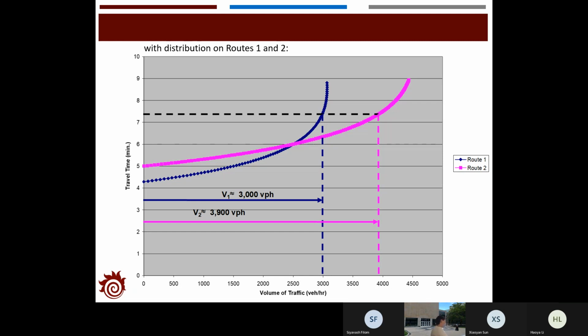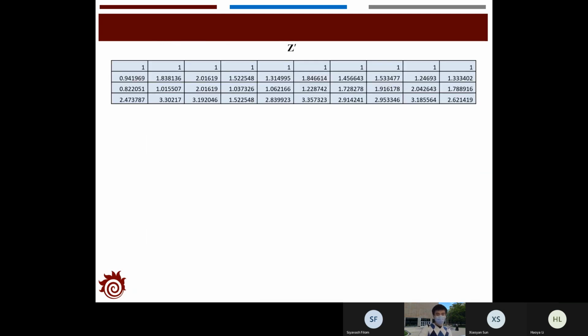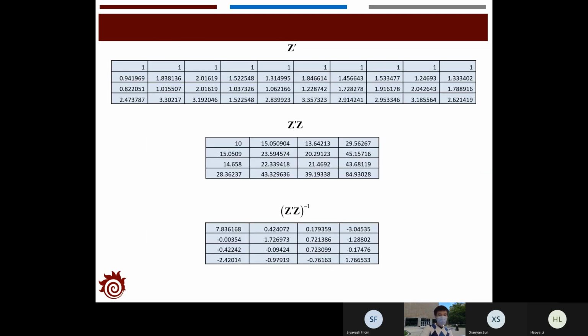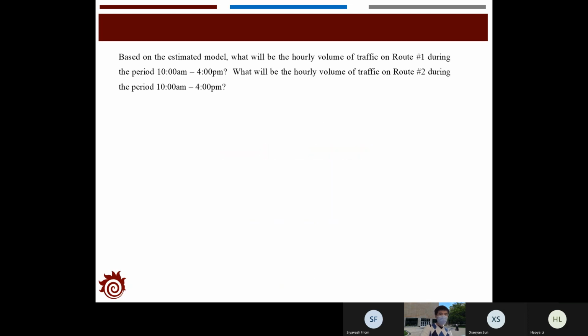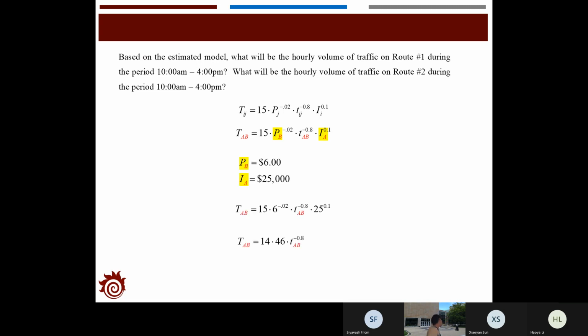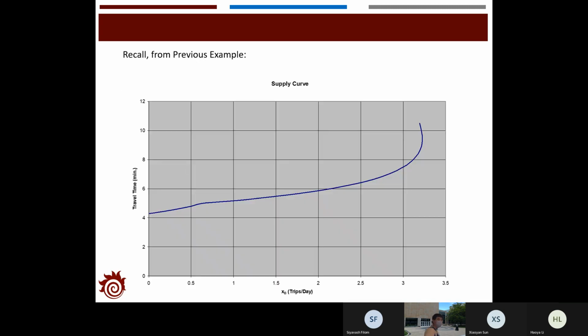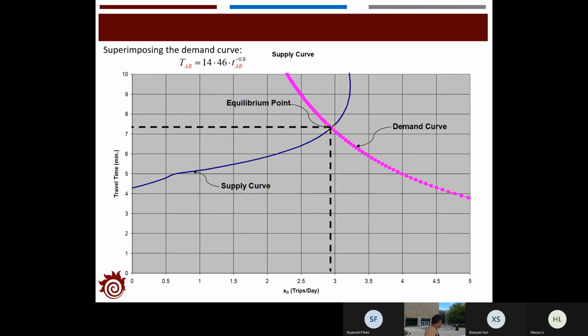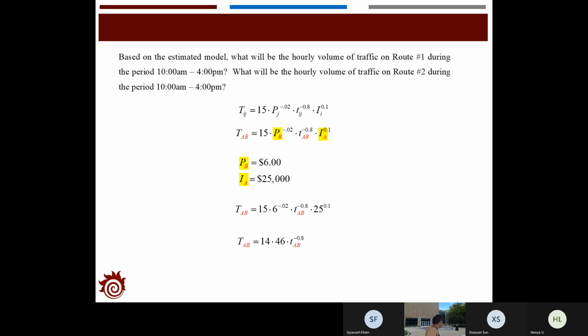Okay. And in slide 49, if I want to calculate the trips in AA, I could use the same equation. The only difference is P, right?